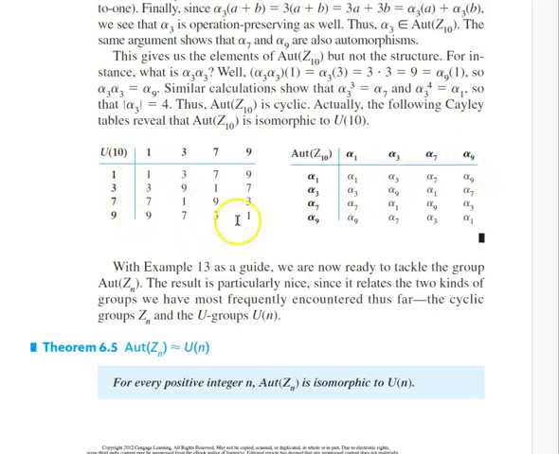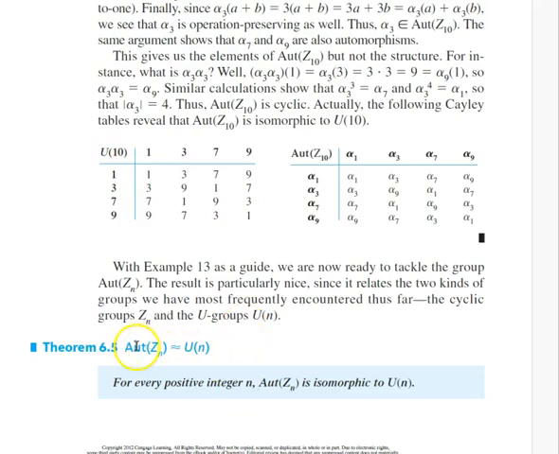And it sends the multiplication table of U10 to this operation table of the automorphism group of Z10. So the automorphism group of Z10 is isomorphic to the group U10.